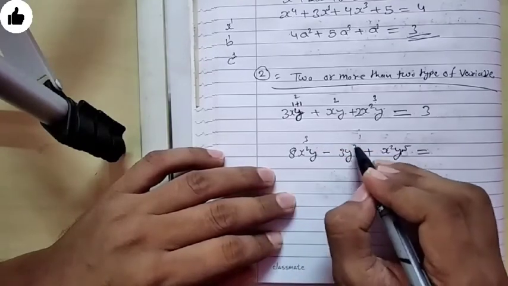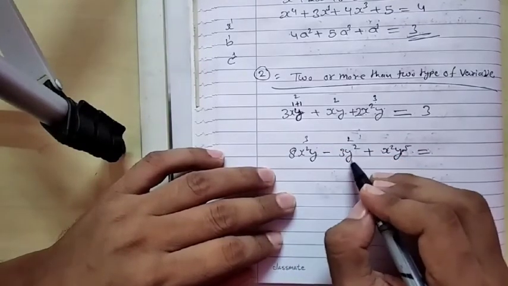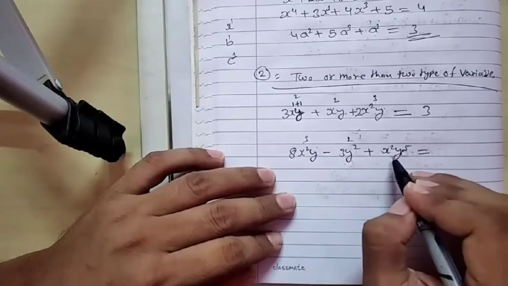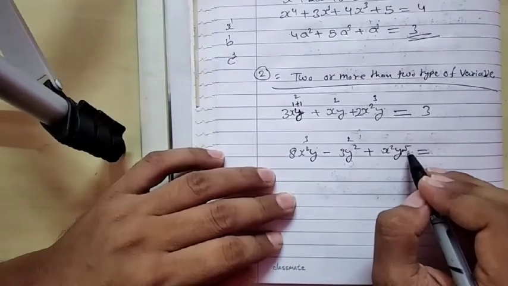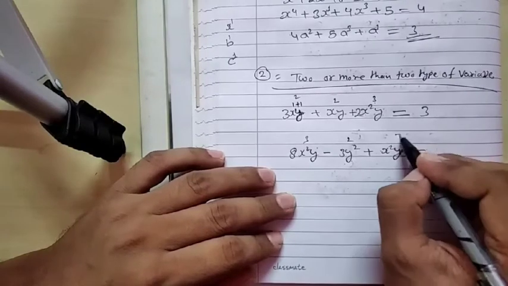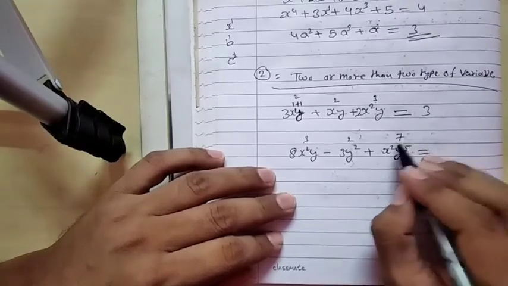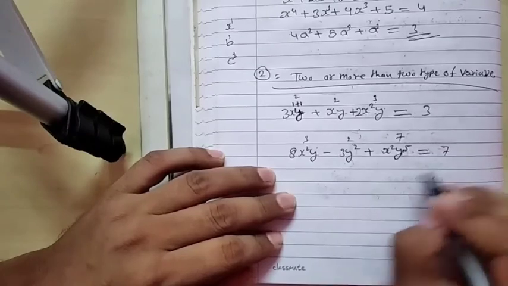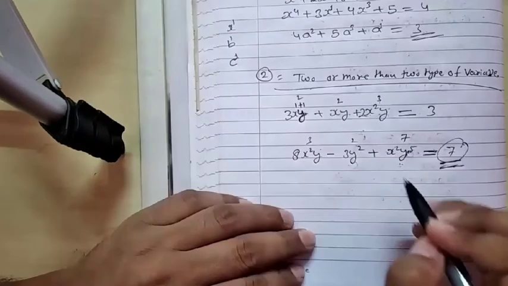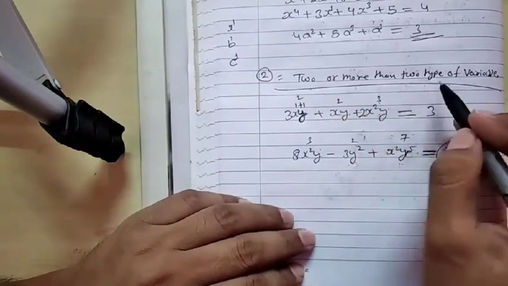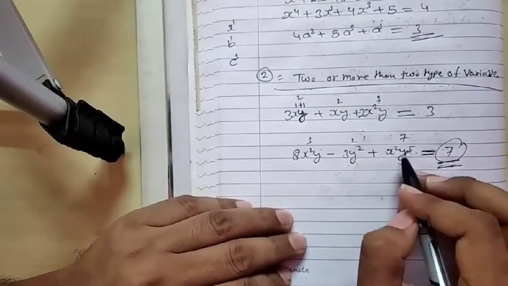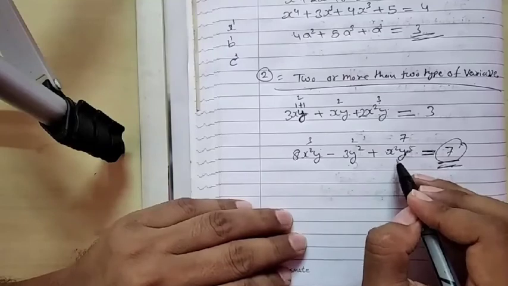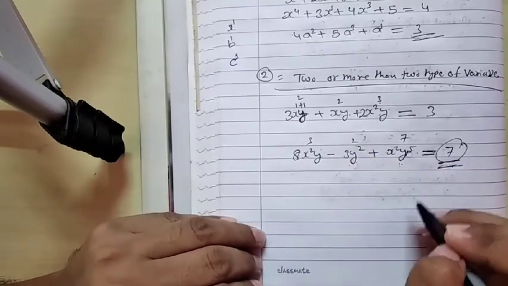Here the power of y is equal to 2, only one variable is there in this term, and here the power of x is equal to 2 and the power of y is equal to 5, then 5 plus 2, 7. Okay, so what is the highest power? 7, then 7 will be the degree of this polynomial. So in case of 2 or more than 2 types of variable, the degree of that polynomial will be the maximum sum of powers in the given polynomial.